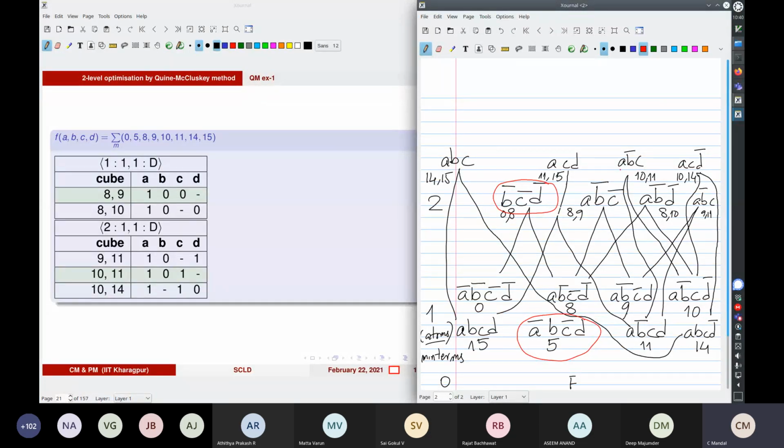You can combine these two, and what you will get is AB bar. So you can combine 8, 9, 10, 11.